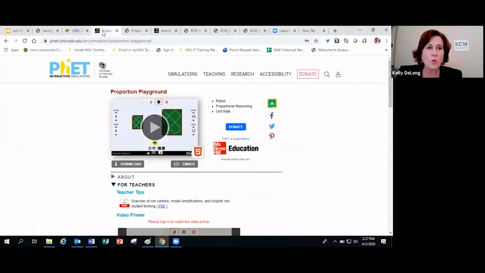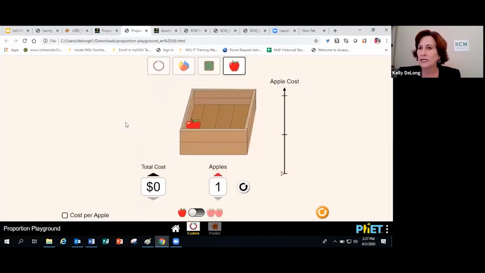And I want to take you to the PhET interactive simulations. Now, I knew about PhET when I was a math and science teacher, and so these have been around for a while. They have the coolest little proportional reasoning, actually beginning proportional reasoning simulation. So the first thing, again, contextualizing our proportions, we're thinking about, all right, so if it's about $2 for 5 apples, I wonder if I could compare.